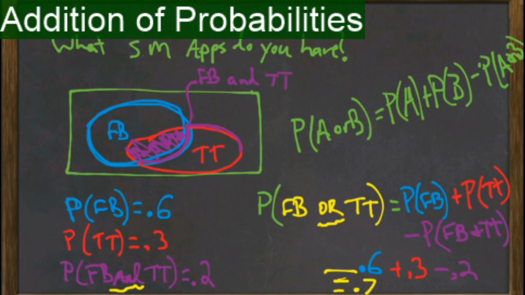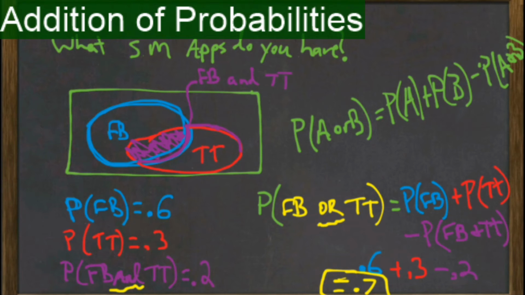So 70% have either Facebook or TikTok, which includes the people that have both. So this is the general rule. There's another rule of addition called the specific rule, and it's just a form of this.